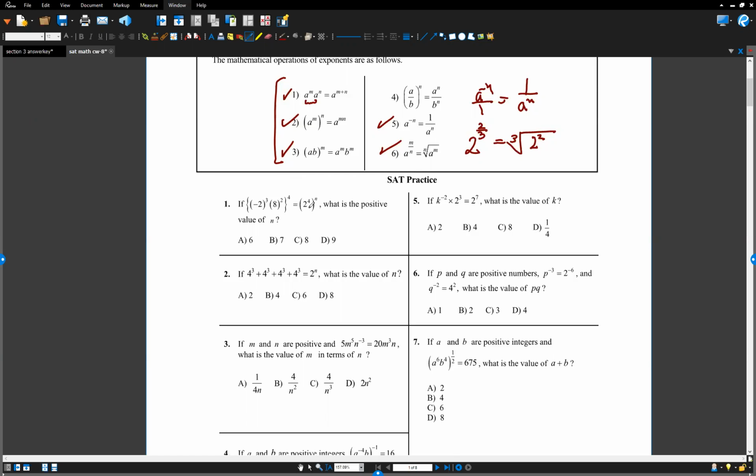So -2 cubed is actually -1 cubed times 2 cubed. -1 cubed is a negative number, so we get one negative number and 2 cubed.